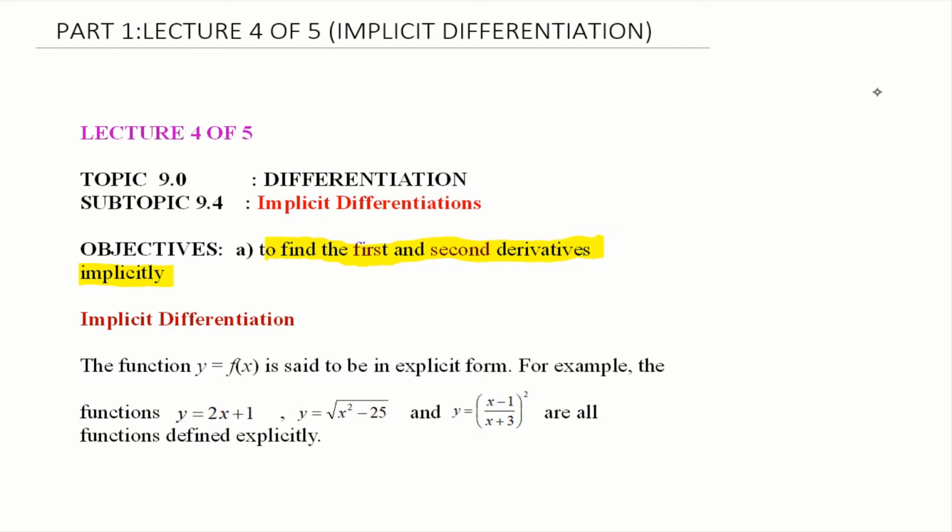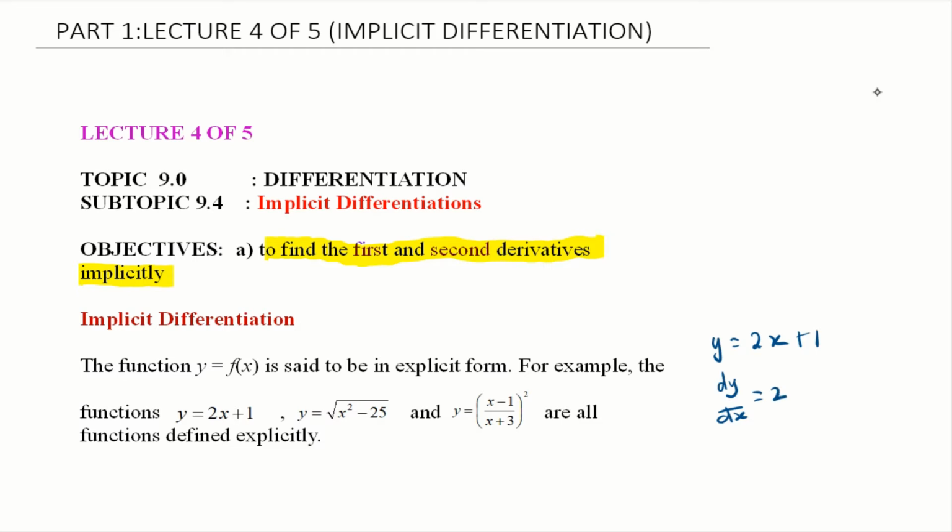From the previous lesson, we have learned differentiation. Let's say we have a function y equals f(x). For example, y equals 2x plus 1. Then we differentiate y equals 2x plus 1 and we get dy/dx equals 2.